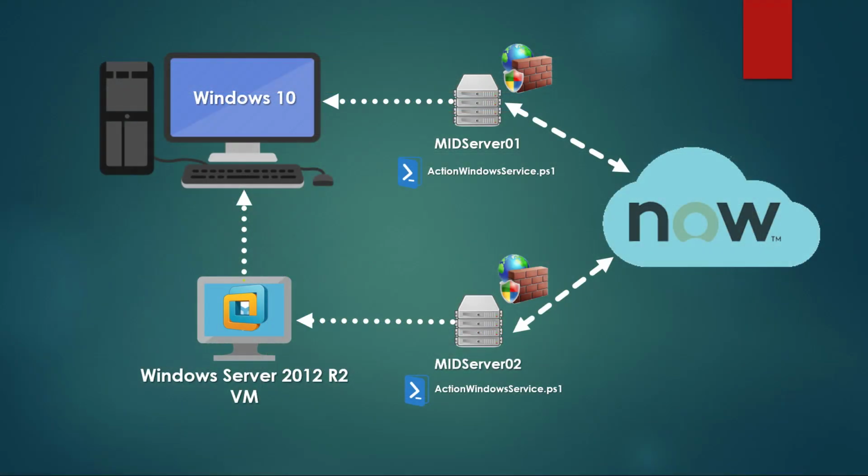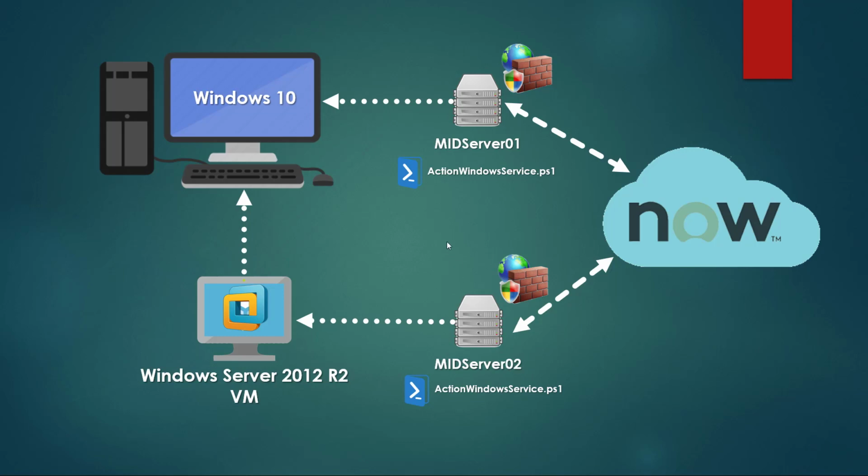What you're seeing here is my diagram of configuration. I have a Windows 10 computer, which is running a virtual machine with Windows Server 2012. The Windows 10 machine has MID server 01 installed, and the VM, the Windows Server 2012, has MID server 02 installed.